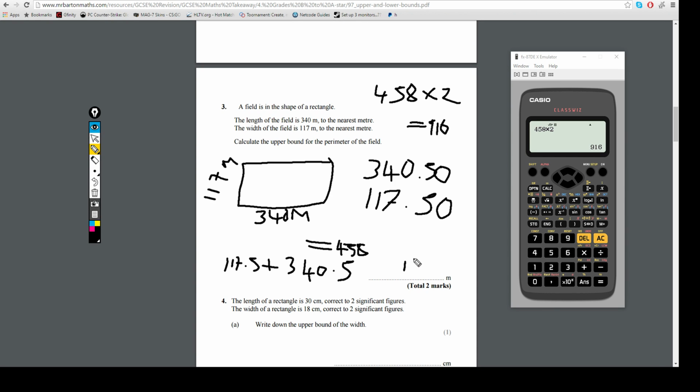And that was the actual question, and that was 2 marks. It probably would have taken us about 2 minutes. It's about 2 minutes per mark, isn't it? About a minute per mark, really, isn't it?